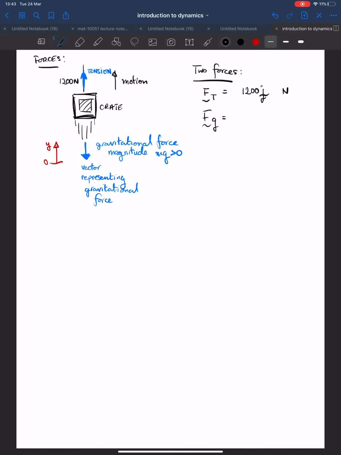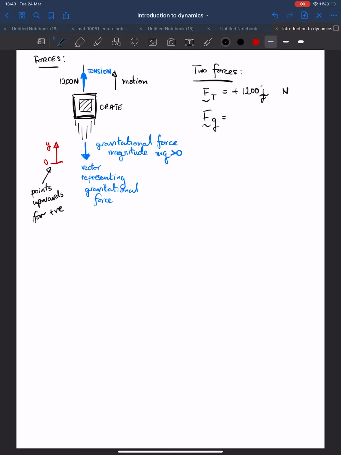Remember that y points upwards for positive. The tension also points upwards. Therefore, we just leave this as plus 1,200 newtons, with j embedded to represent the direction of this vector.